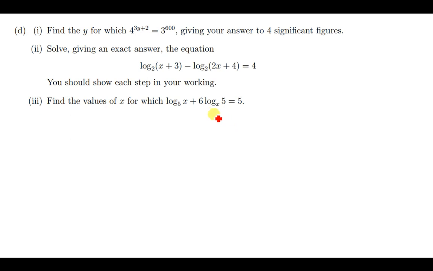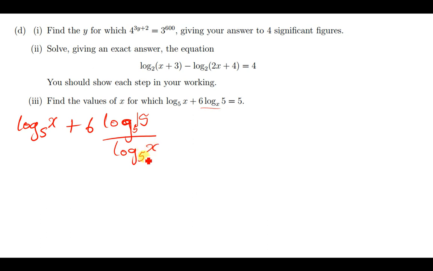So I'm going to convert this log to base 5. So when I do that, I'm going to have log x, this one is already in base 5, then plus 6, converting that to base 5, this is just going to be log 5 base 5 over log x base 5, then this will be equal to 5.